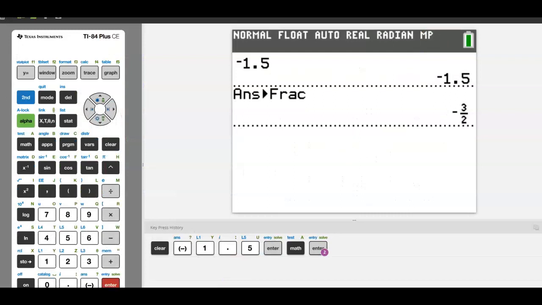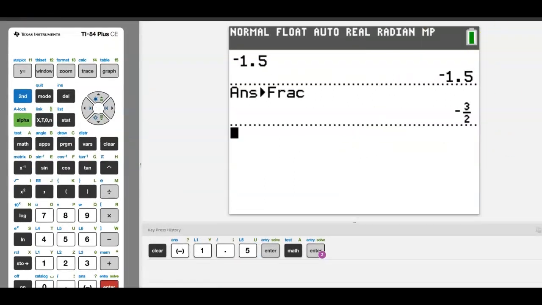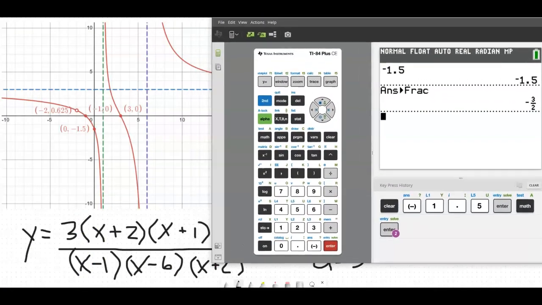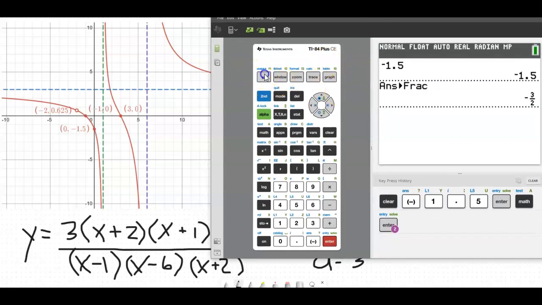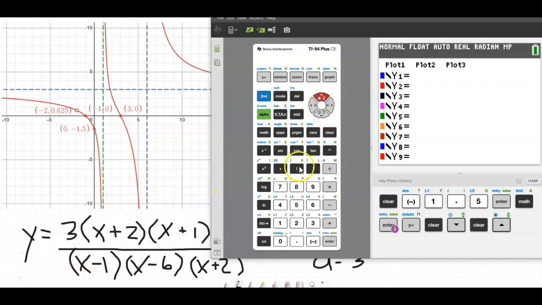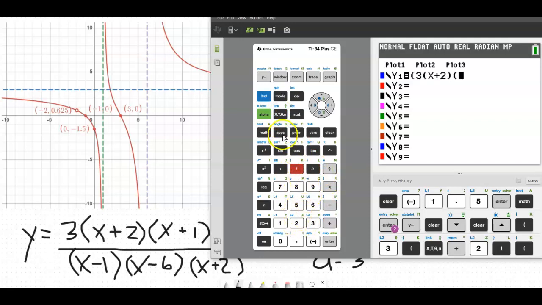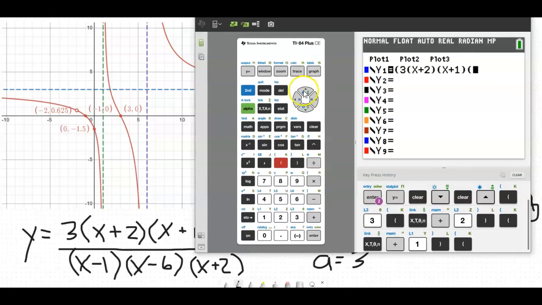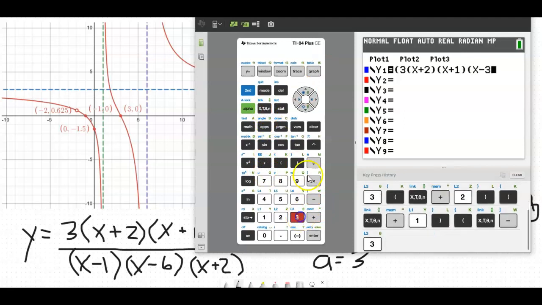So again, let us go ahead and get to our calculator. I'll start to put this in. So go to my y equals, clear these out. And on the top, remember, I want to put the entire top in its own set of parentheses. So 3 times (x plus 2), times (x plus 1), and then times, that last one there is (x minus 3).